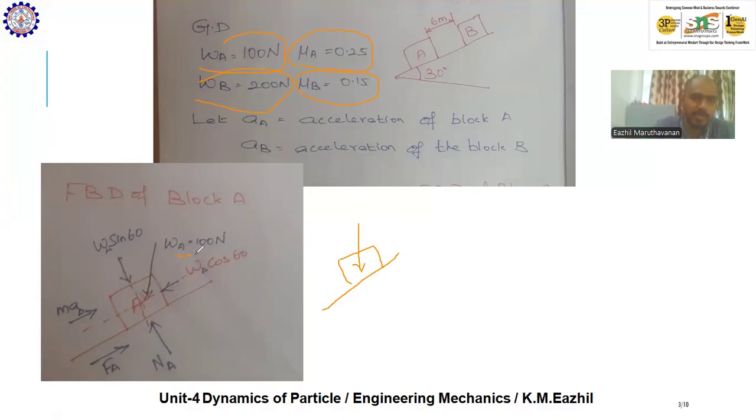That is WA. Then the normal reaction, NA. Since the block is inclined, the nature is to move in downward direction, the direction of motion is downward. So the frictional force FA will act at the contact points. Here this is FA.